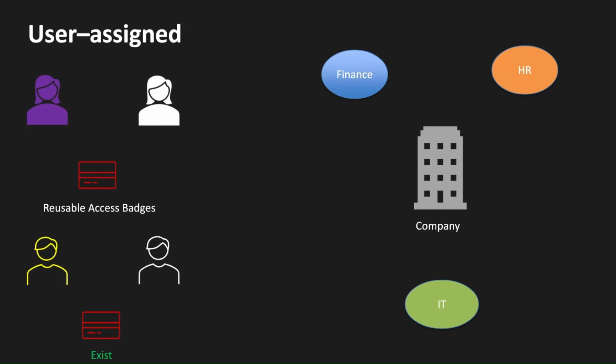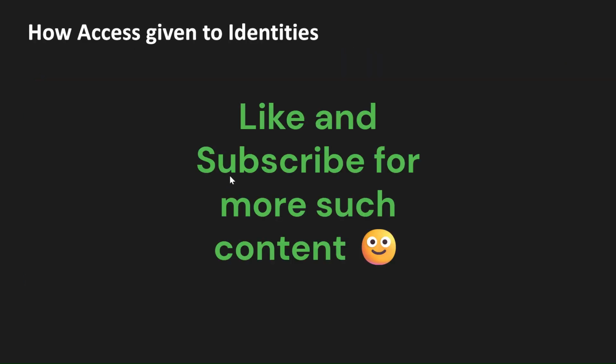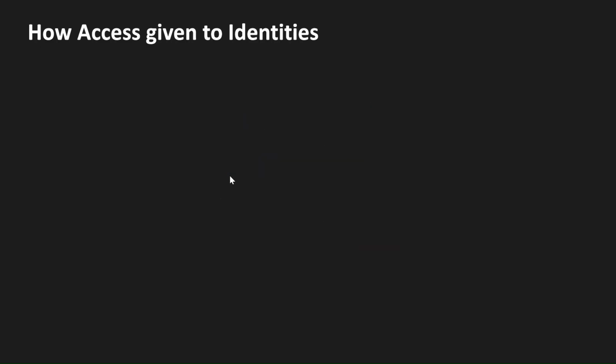Now let's see in detail how the access is given to identities. So when we create or enable an identity for any service or application, then it will access some target resources. As I said before, it can be a database, a key vault, or a storage account. It's done by a process of role assignments. So the role will be assigned to the identity, and all of these roles have some permissions granted depending on the role.